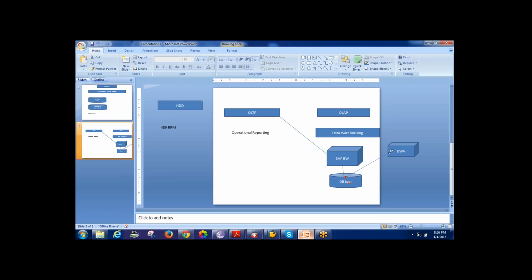So at any point in time I was keeping redundant information in both the database layer and the BWA layer. The biggest limitation is the redundancy of information. And the second thing is this does not come as a cheap product. The SAP BWA application itself runs several million dollars.